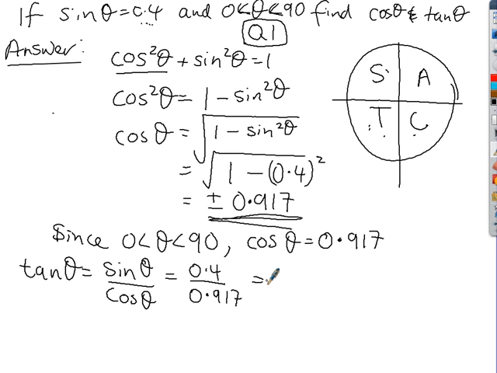So using my calculator again, that's going to be equal to 0.436. So that's not too bad, is it? They're actually really useful identities.